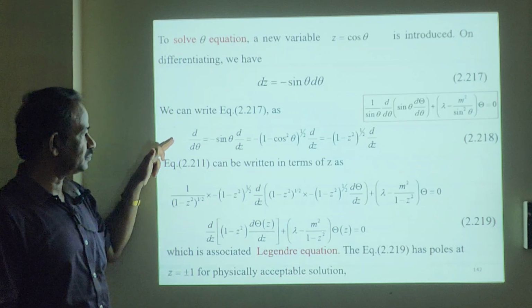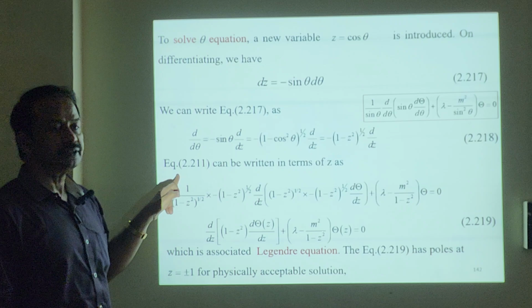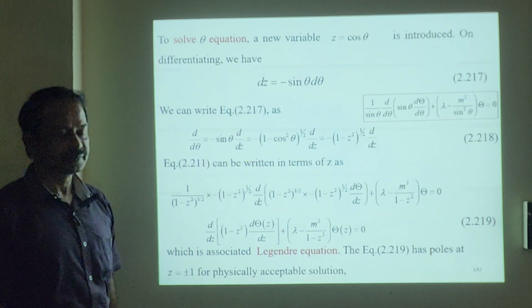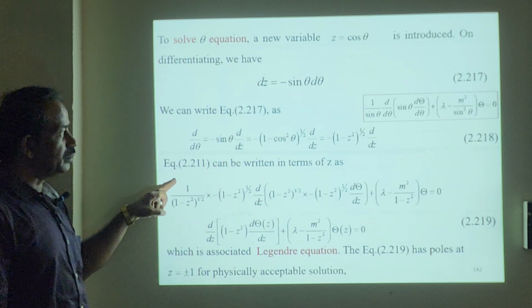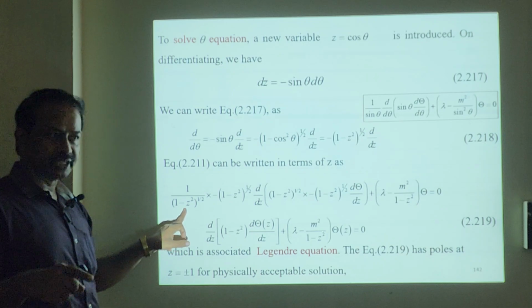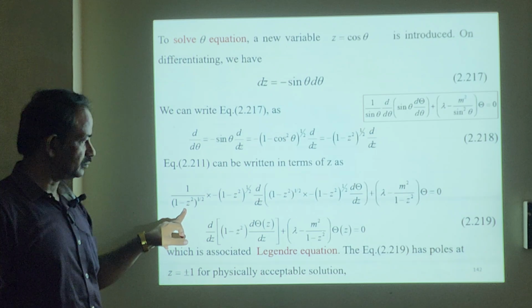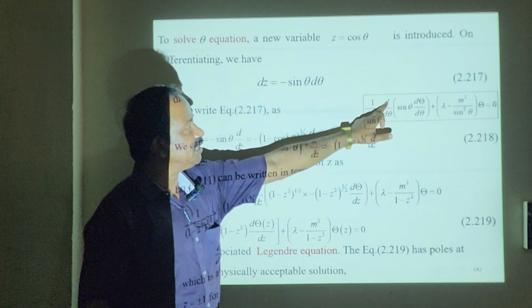Okay, wait for this equation. We know already the theta dependent equation is given by 2.211. You substitute here 1 by sin theta. Instead of sin theta you can write 1 minus z whole square to the power 1 by 2, that is 1 minus cos square theta to the power 1 by 2, correct? Multiplied by the next one, d by d theta.